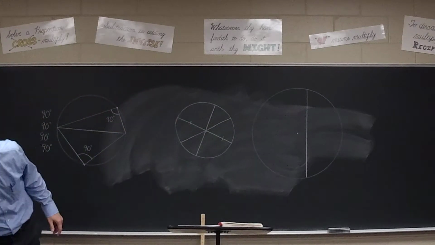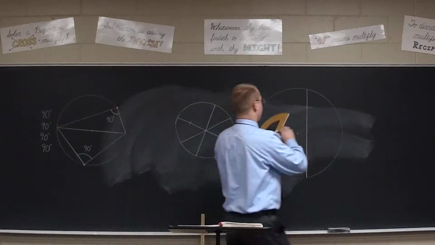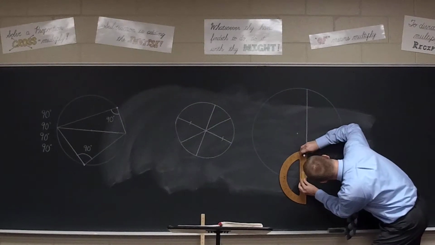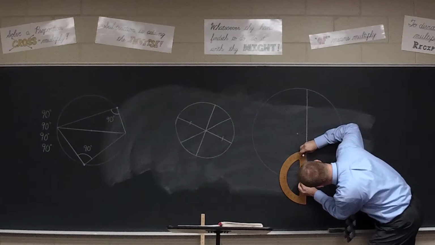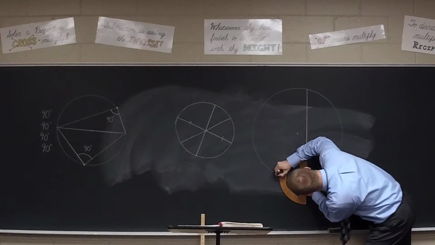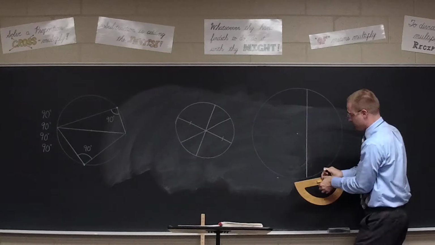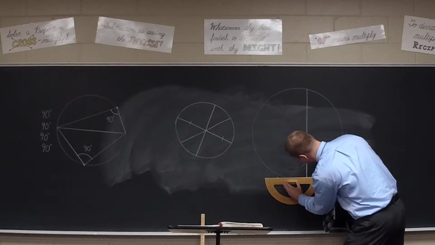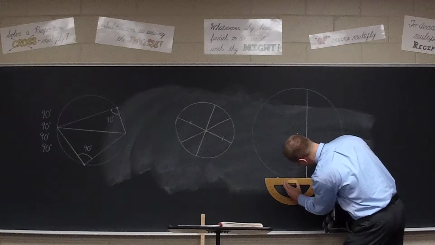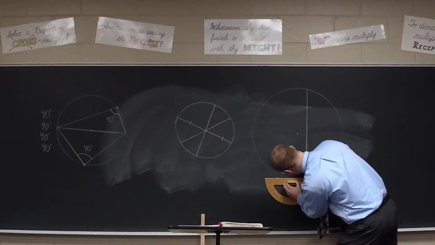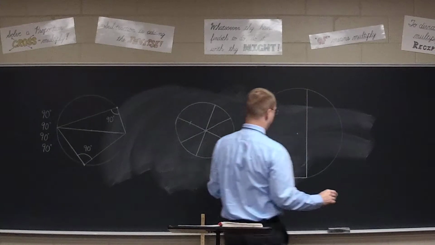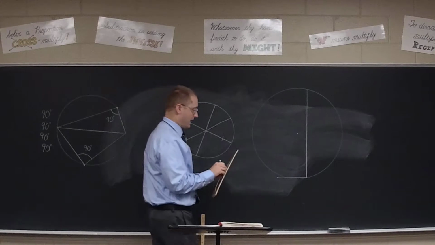So take your protractor, and I'm wishing I'd drawn it sideways instead of straight up and down. At one end of it, I'm going to go at the bottom end, make a 90-degree angle.